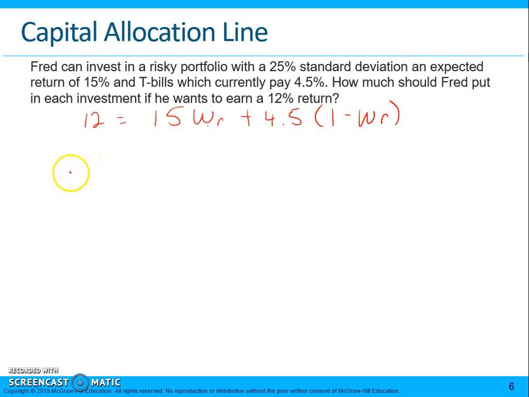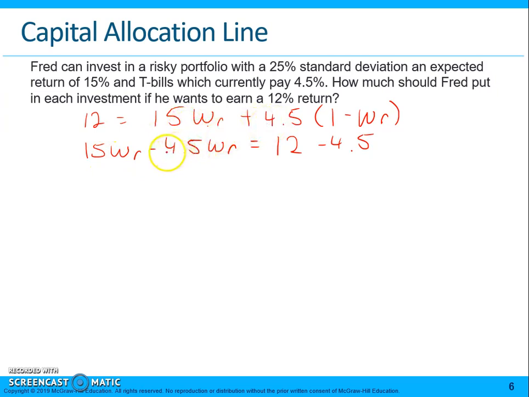So we multiply this out and we get 15 WR minus 4.5 WR is equal to 12 minus 4.5. The 15 just comes from here.